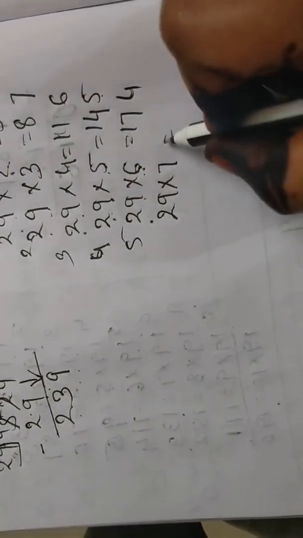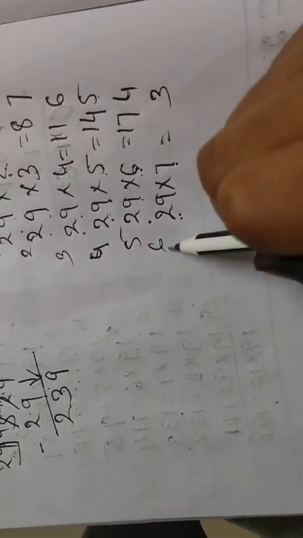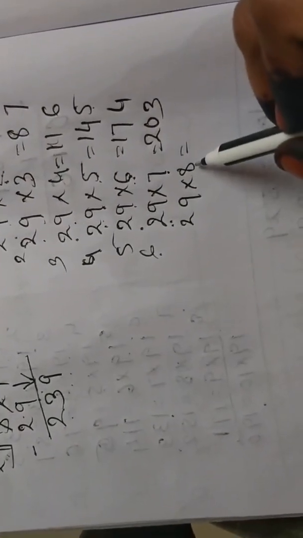29 7s are 7 9s are 63. Write here 3. 6 is a carry over. 7 2s are 14. 14 plus 6 is 20. Write here 20. 29 8s are 8 9s are 72.